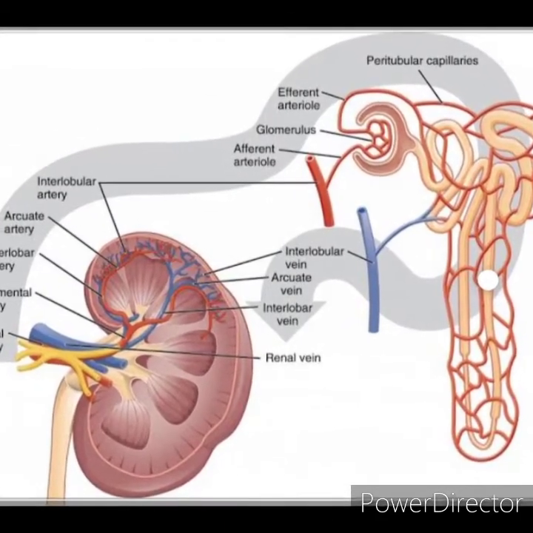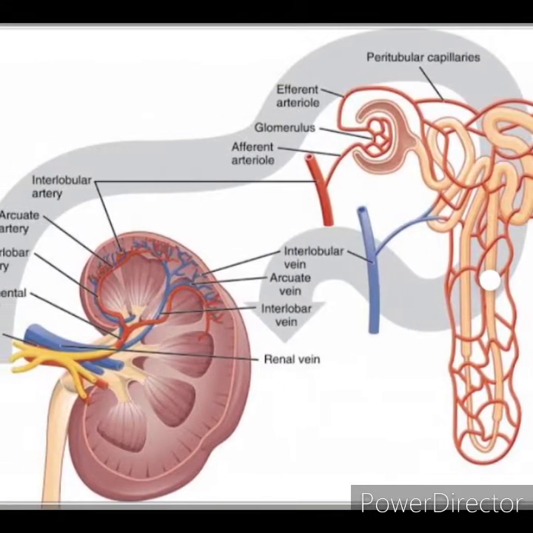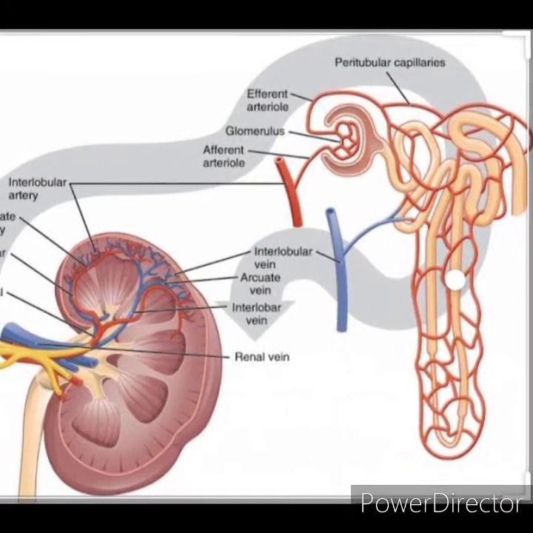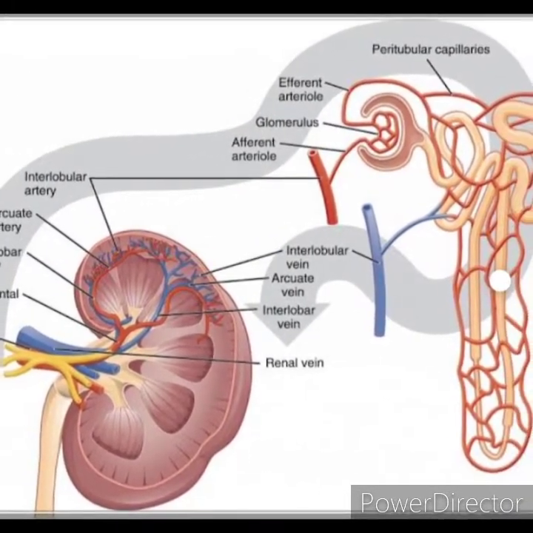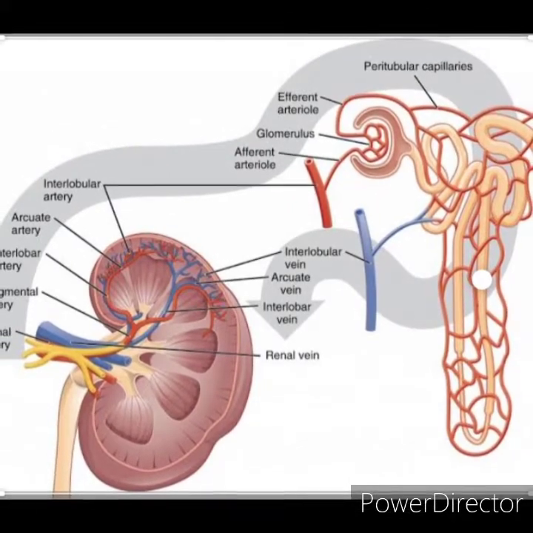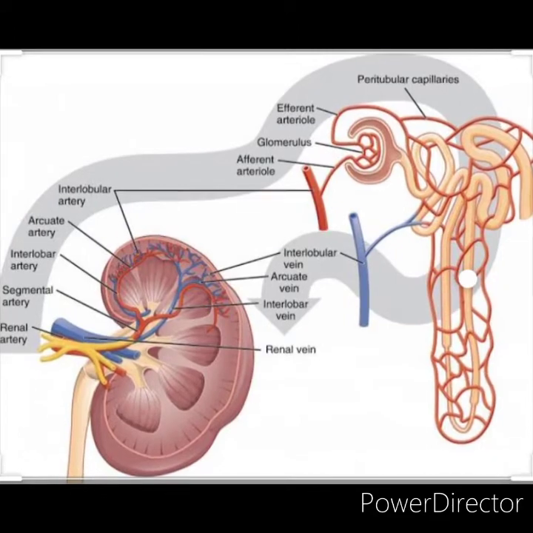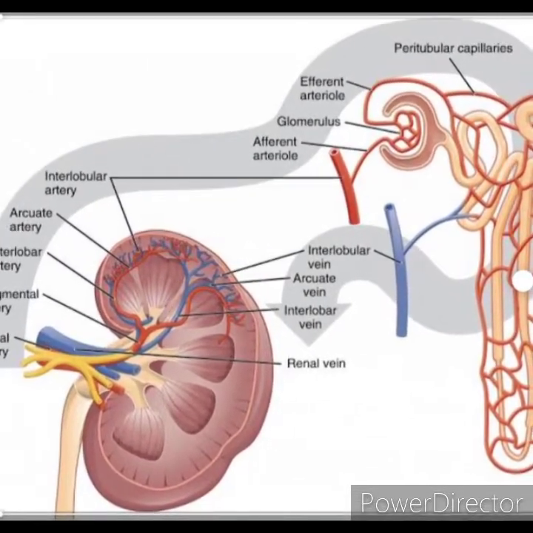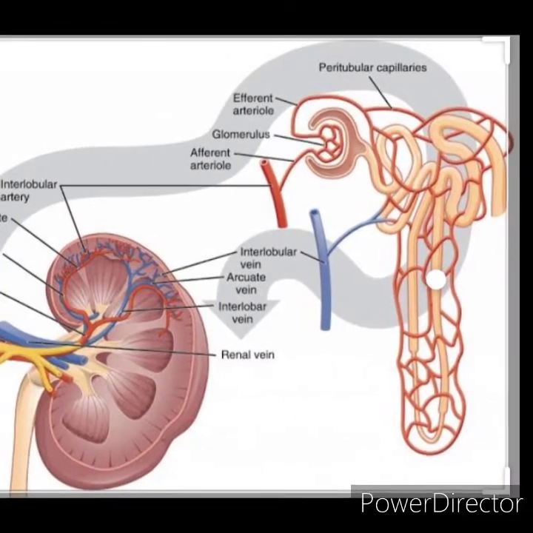Each arcuate artery gives rise to interlobular arteries. The interlobular arteries run through the renal cortex perpendicular to arcuate artery. From each interlobular artery, numerous afferent arterioles arise. The afferent arterioles enter the Bowman capsule and form glomerular capillary tuft.